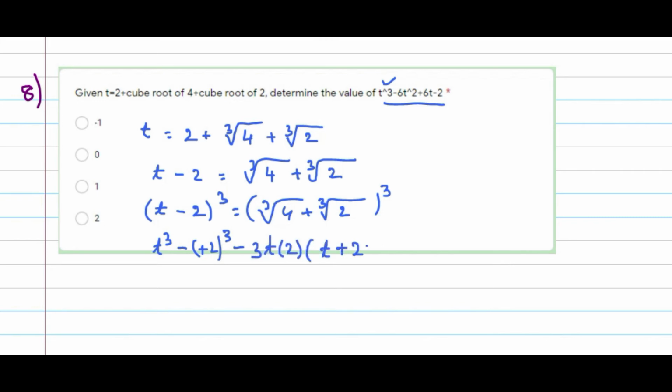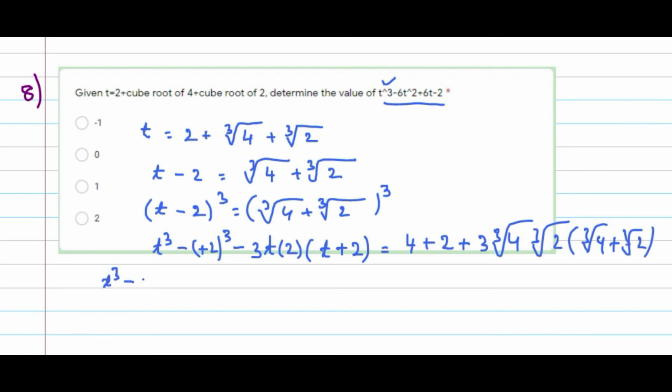So t minus 2 whole cube is equal to the same thing here also. a cube is 4, plus b cube is 2, plus 3ab, cube root of 4 and cube root of 2 into cube root of 4 plus cube root of 2. So now it will be t cube minus 2 cube minus 6t into t plus 2 is equal to 4 plus 2 is 6.